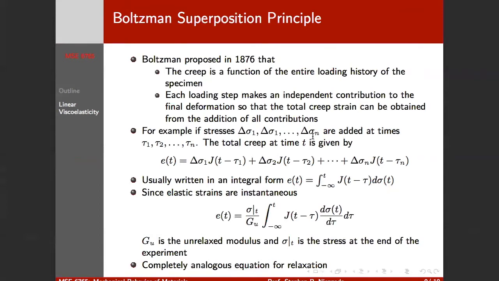The same thing here. But because we're making a linear approximation, all I need to do is take all the little individual loading events and add their effects together.